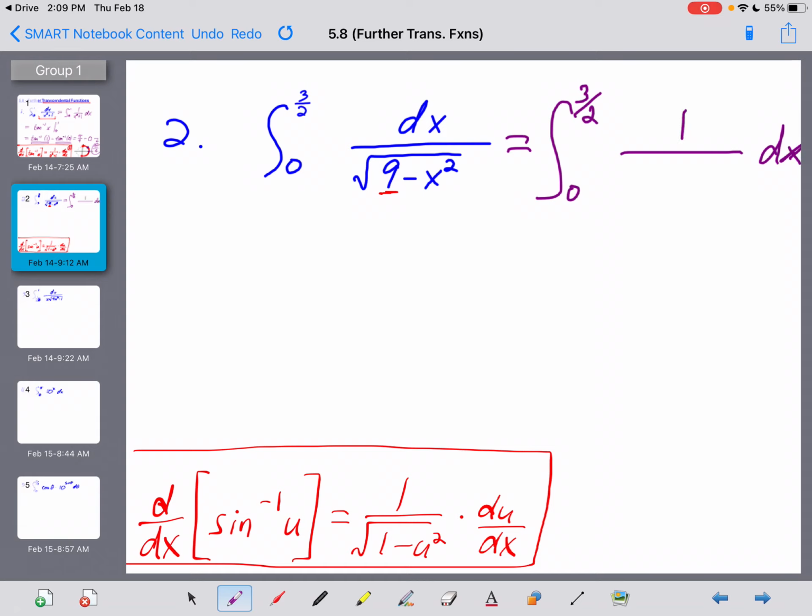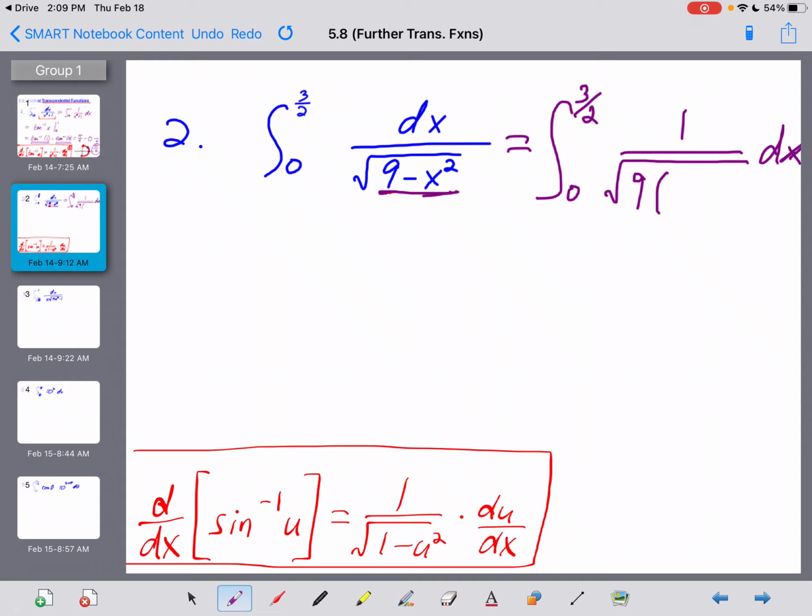And now on the bottom, I am going to force factor a 9 out of this binomial. And I say force factoring because the second factor doesn't have a factor of 9. But I don't care. I'm going to make it work. So I'm going to pull the 9 out. Notice I'm still under the radical. And in parentheses now, when I pull a 9 out from here, what's left?